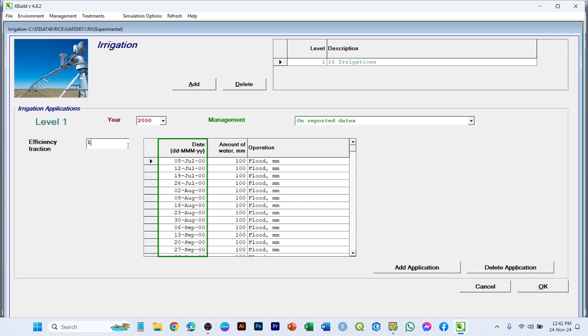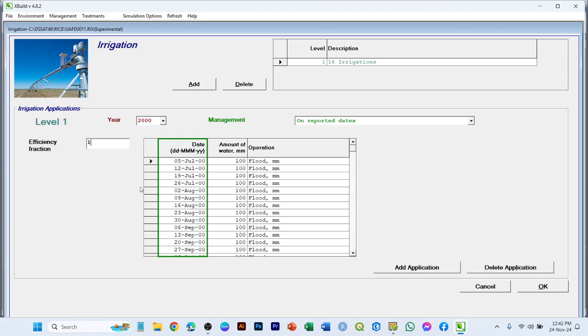It should be 1. This is the language within the model. In other words, water efficiency or irrigation efficiency. If you are applying 100 millimeter of water on this day with this method, its efficiency is equal to 1. Mean all the water is required by the plant.